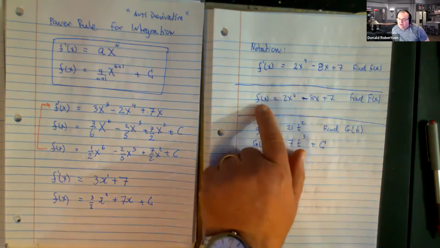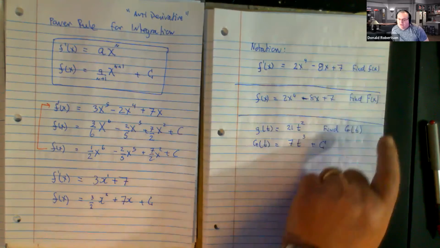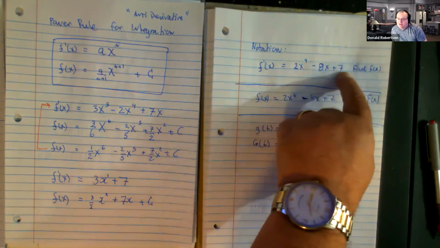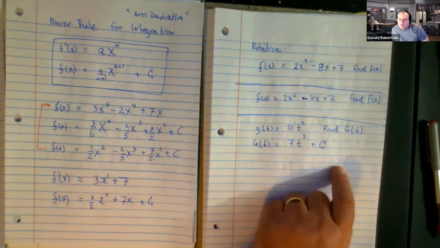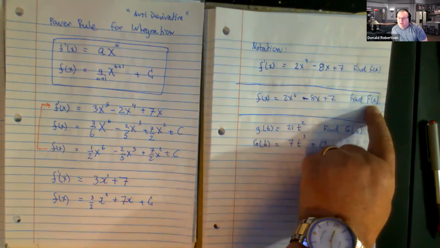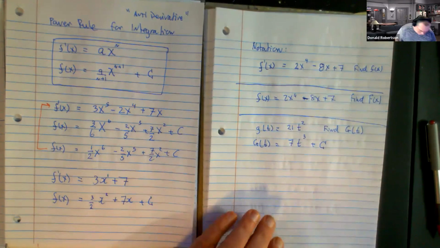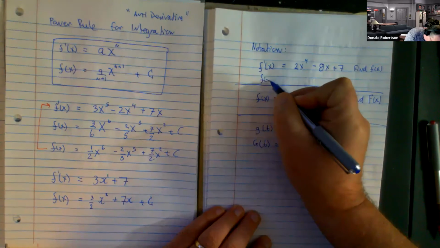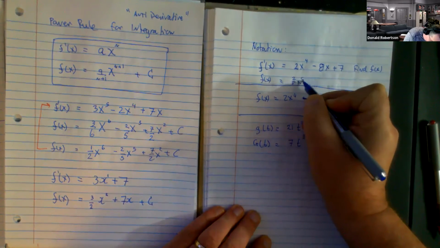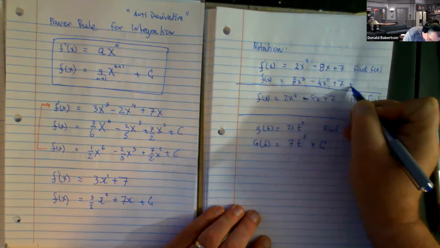They tell you a function called f dashed of x and they say find f of x. That process of solving that problem is essentially finding the antiderivative of this polynomial. Or they might say, here is a function, find capital F of x, which is exactly the same as this one. The only difference here is that here the answer would be 2/5 x to the 5, take away 4x squared plus 7x, I'd say.